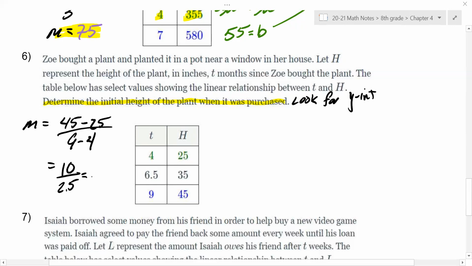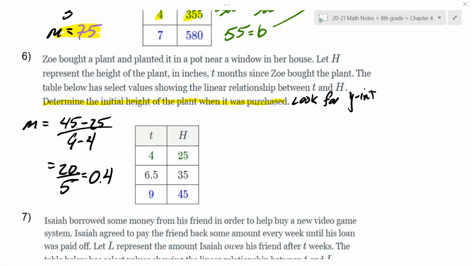Oh, wait, what did I do there? Sorry, I'm looking at the wrong examples here. 20 over 5. There we go. And that comes out to be 4.